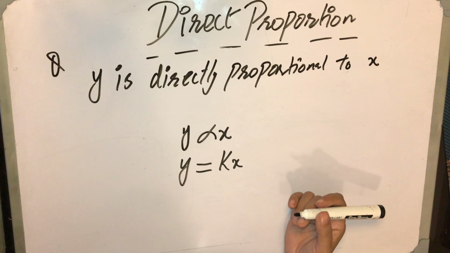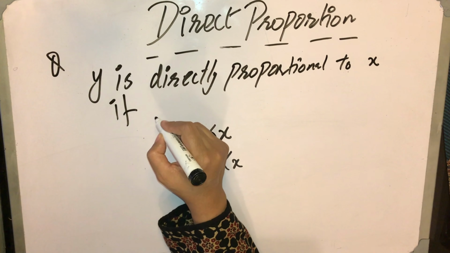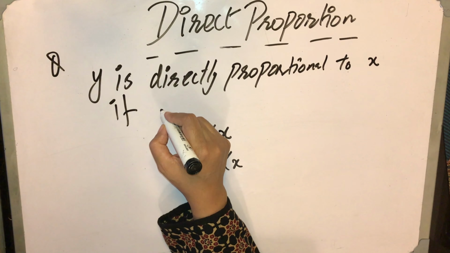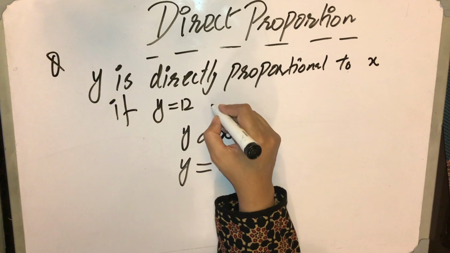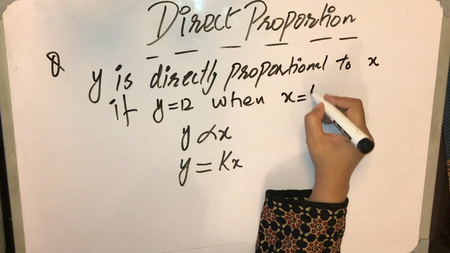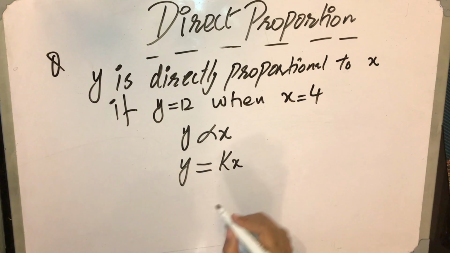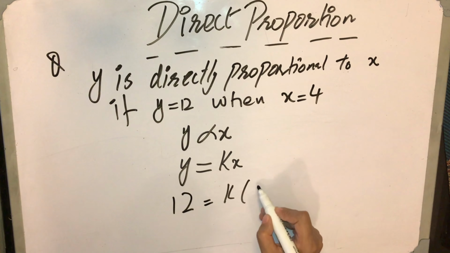In this question, y is directly proportional to x, and if y is 12 when x is 4, these two quantities will help me in finding k. Y is 12 when x is 4.